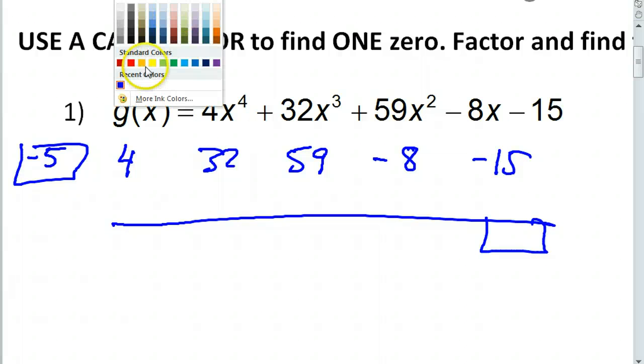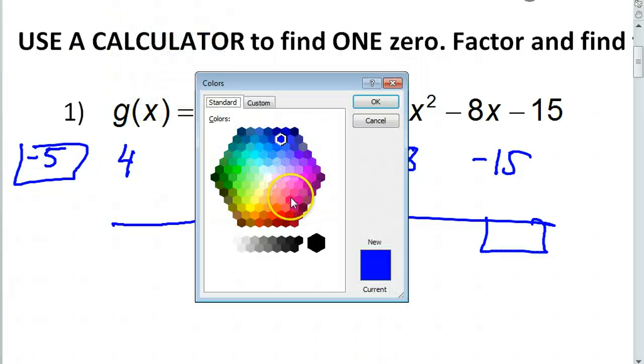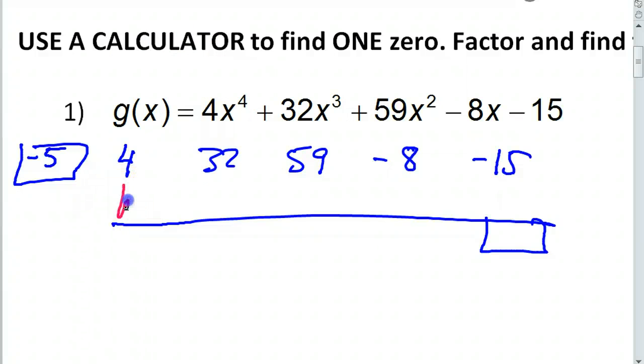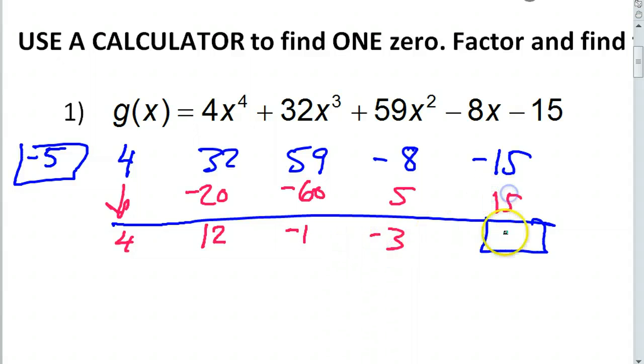Okay, so I've got 4, and that's -20, and that's 12, and that's -60, and that's -1, so that's 5, so -3, +15, and 0.